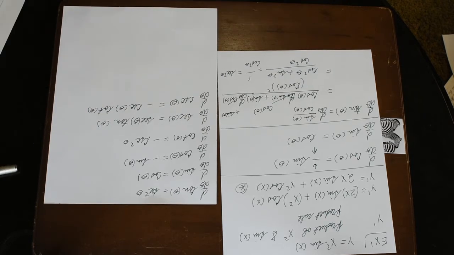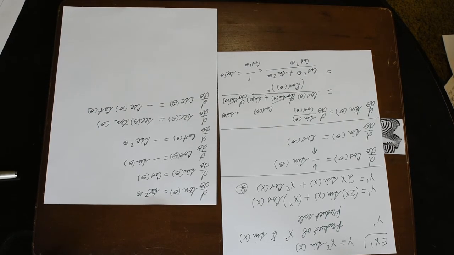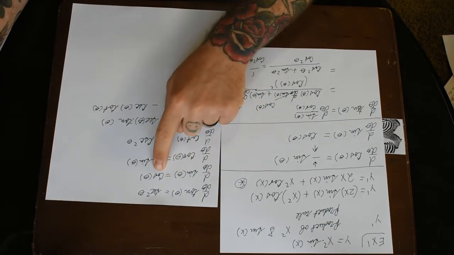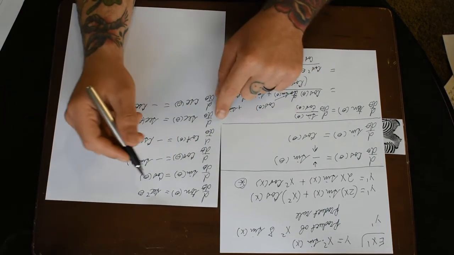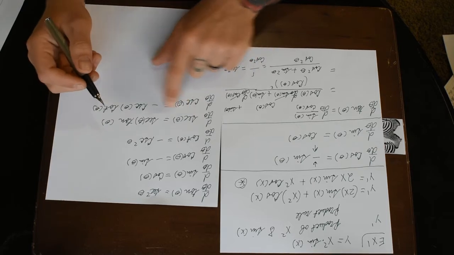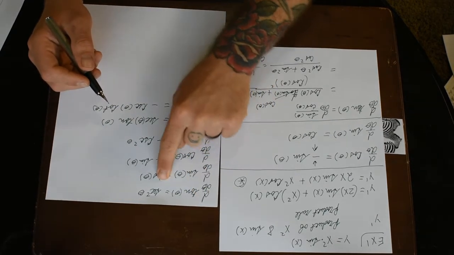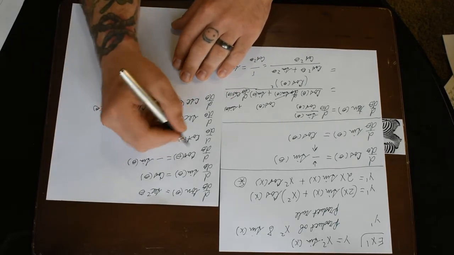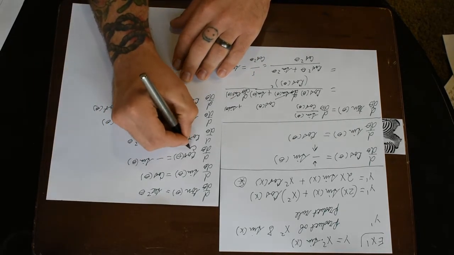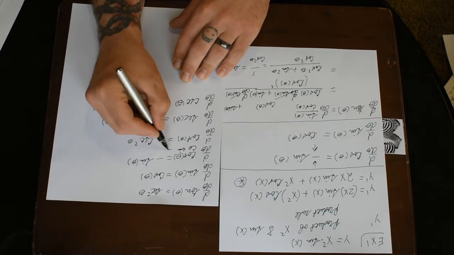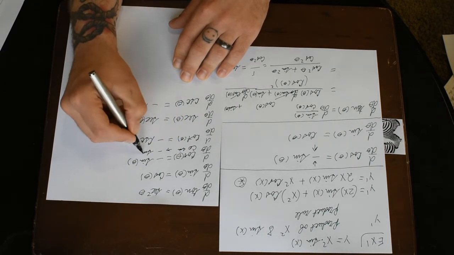So take a look at what we have. Sine went to a positive cosine. Then secant went to a positive secant tangent. And tangent went to a secant squared. But cosine went to a negative sine.